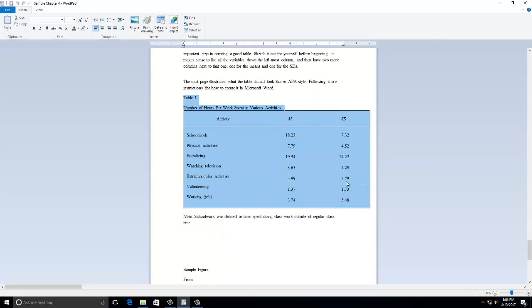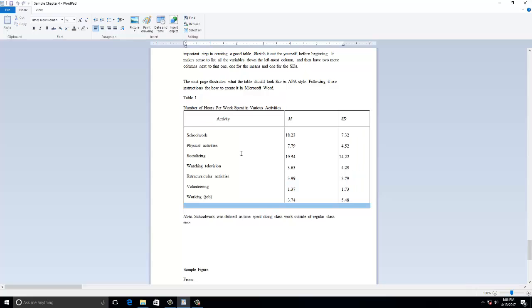Notice on the tables that I've set up for you, there are no vertical lines. And the only place you have horizontal lines are up here to delineate the beginning of the table under what are essentially the headings for your various columns, and then the one down at the bottom to designate that it's the end.